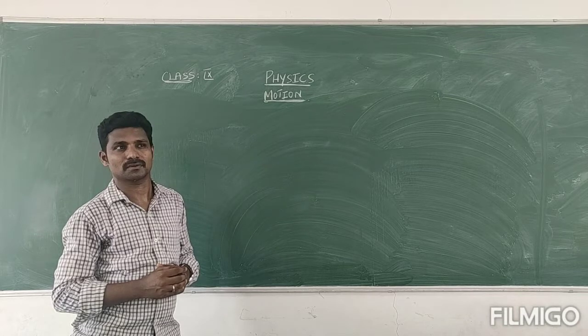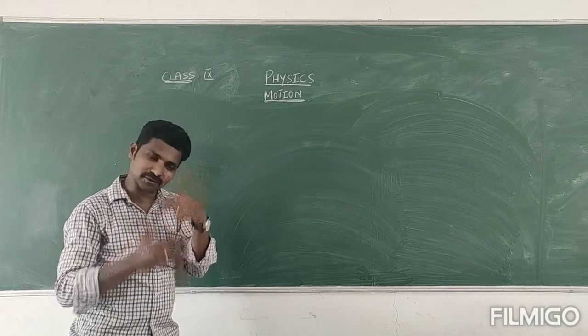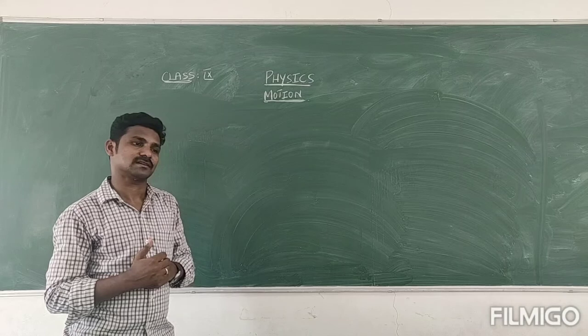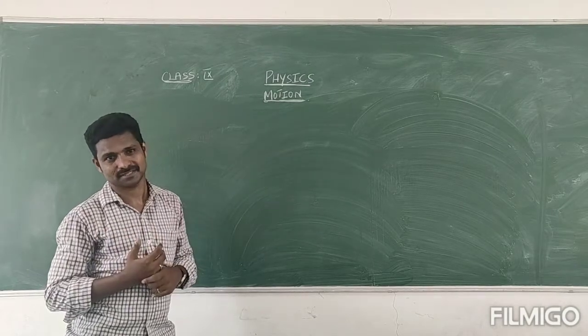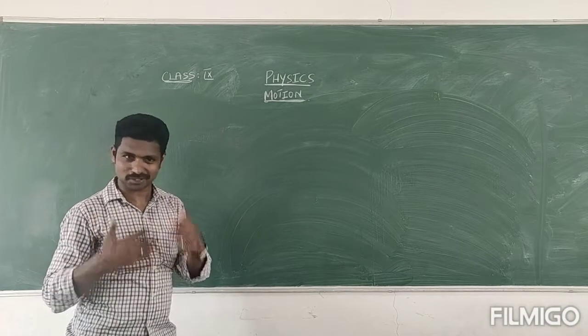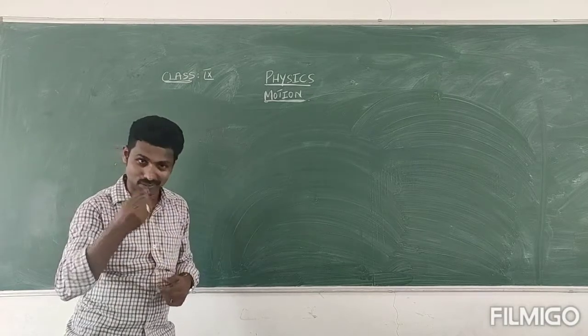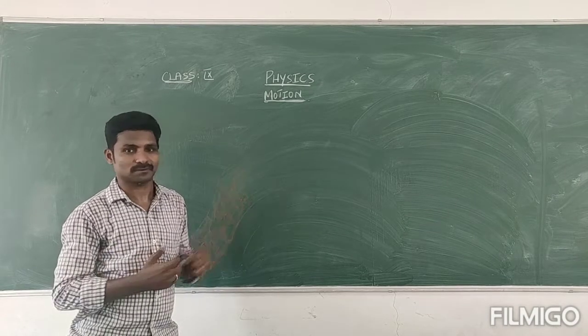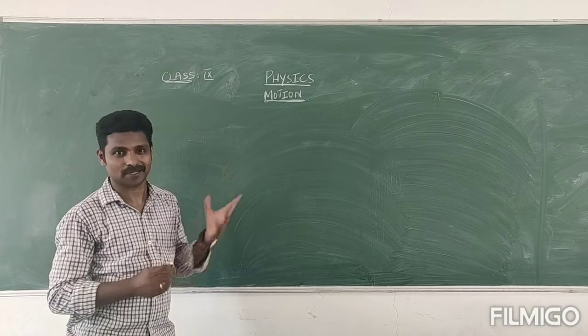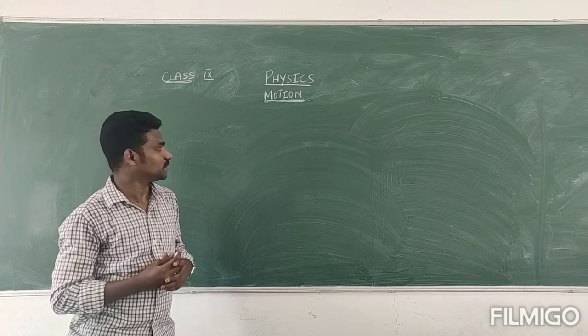So, deriving by using the graph is a great chance to understand the graph. Only then are we going to derive the equations even by using the graph. So let's see how it is possible. Okay.